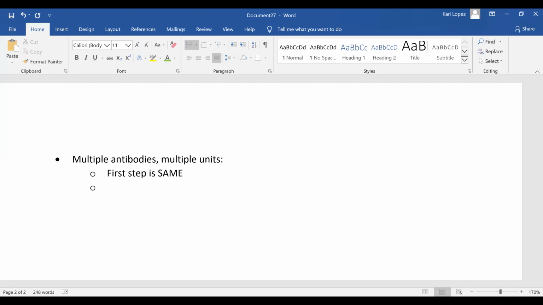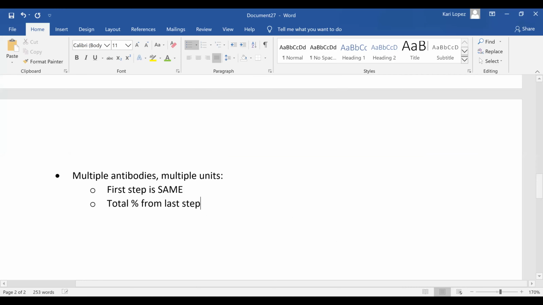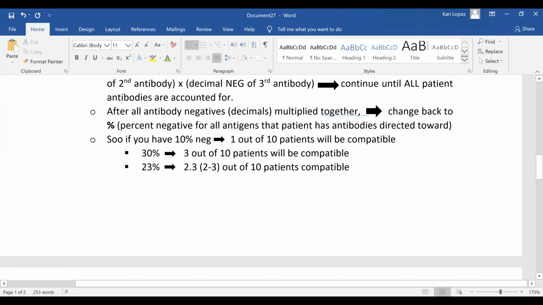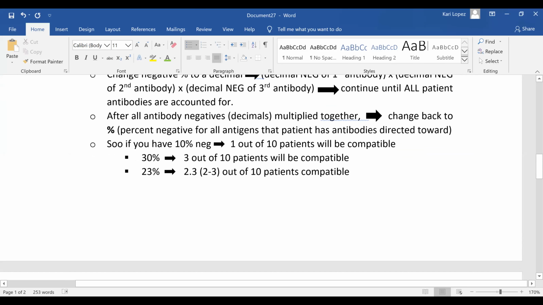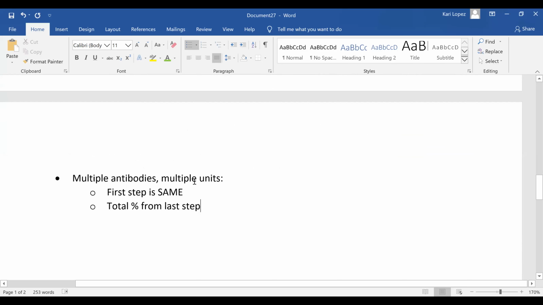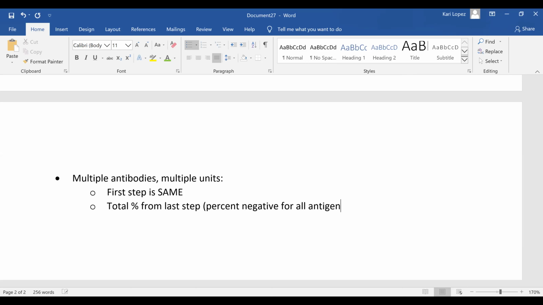You would take, just a minute, total. What did I put? That's the percent negative for all antigens. And then you want to convert it to a decimal.